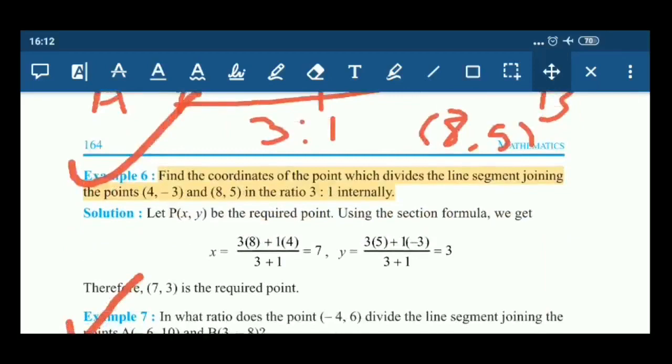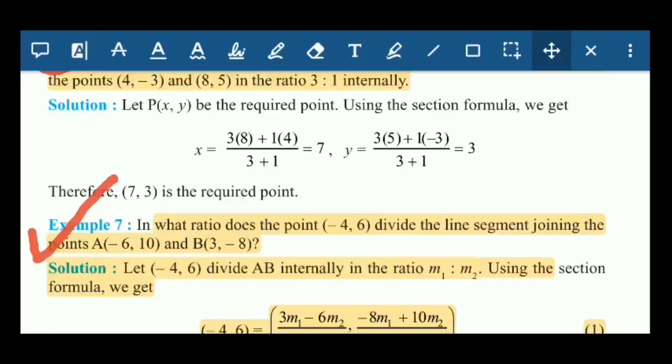So let (x, y) be the required point and by using the section formula, put the values of the coordinates of A, B and the given ratio. After substituting the values you will get x equals 7, and similarly you will find y equals 3. Therefore, the coordinates of point P are 7 and 3.